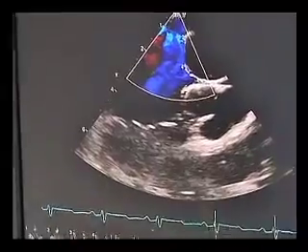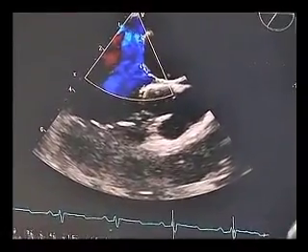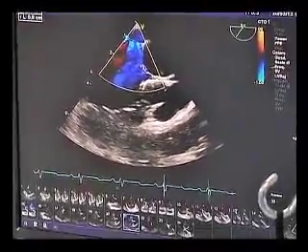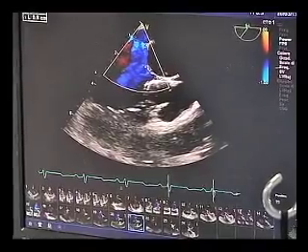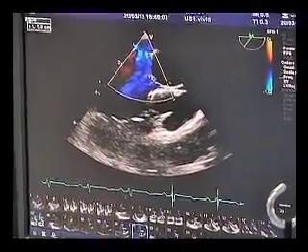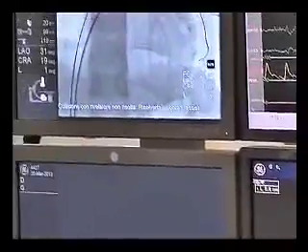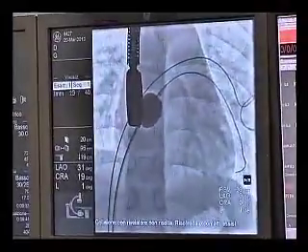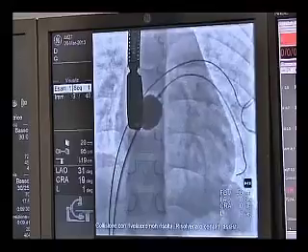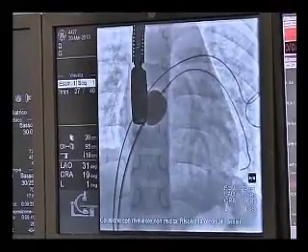And so we crossed the defect with the big balloon, the Boston balloon, in the anterosuperior position, and we can see the guide wire in inferior position.